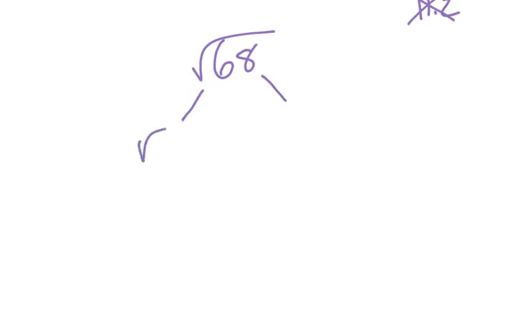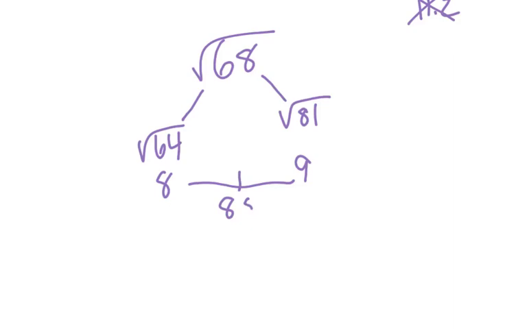So the two perfect squares it's between are 64, which is 8, and 81, which is 9. So the square root has to be somewhere between there. So if I add 4 to 64, I get to 68. I'd have to add 13 in order to get to 81. So clearly the square root of 68 is closer to 8.